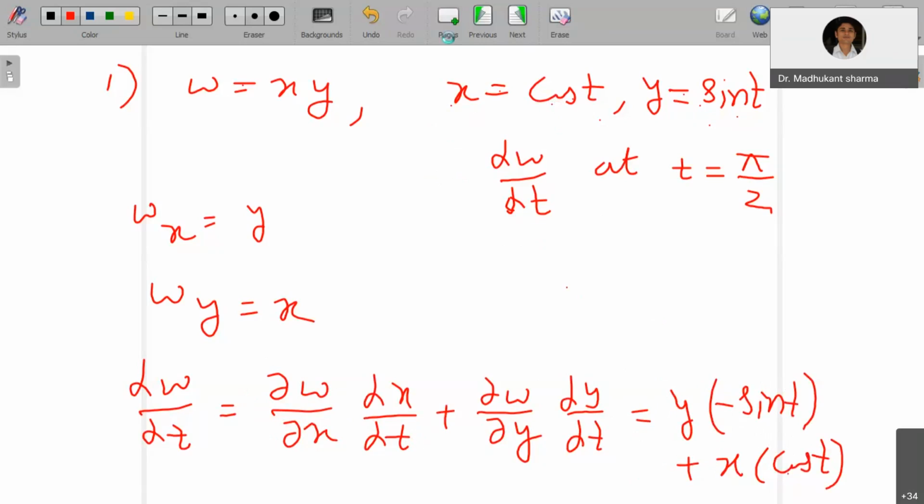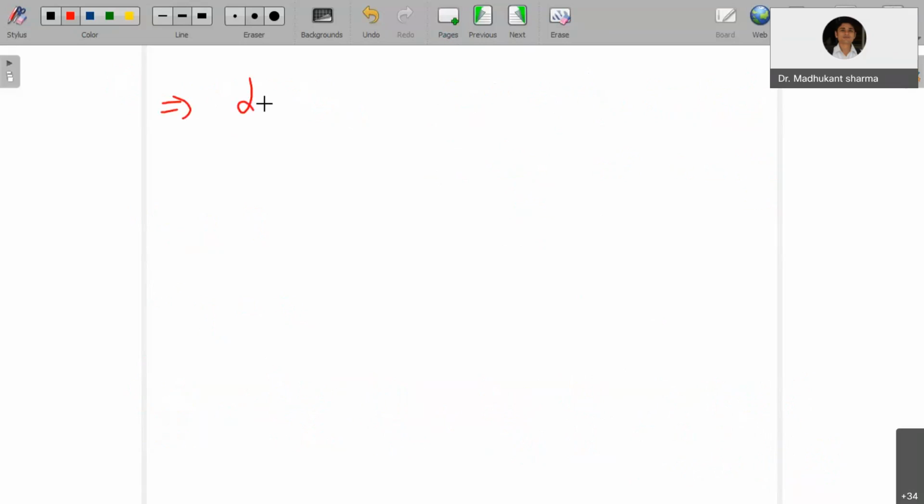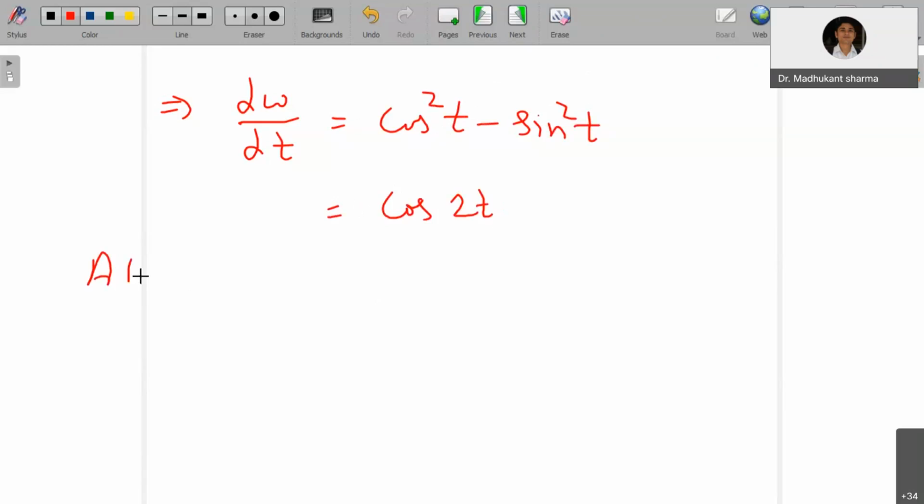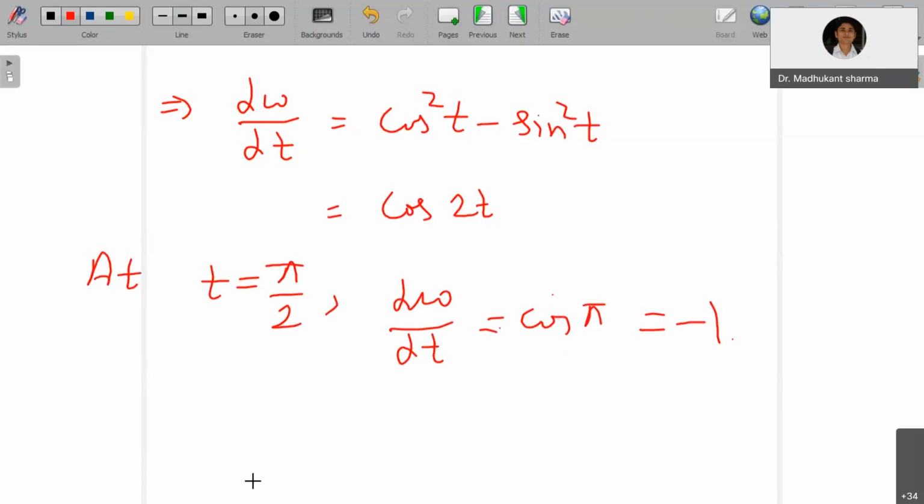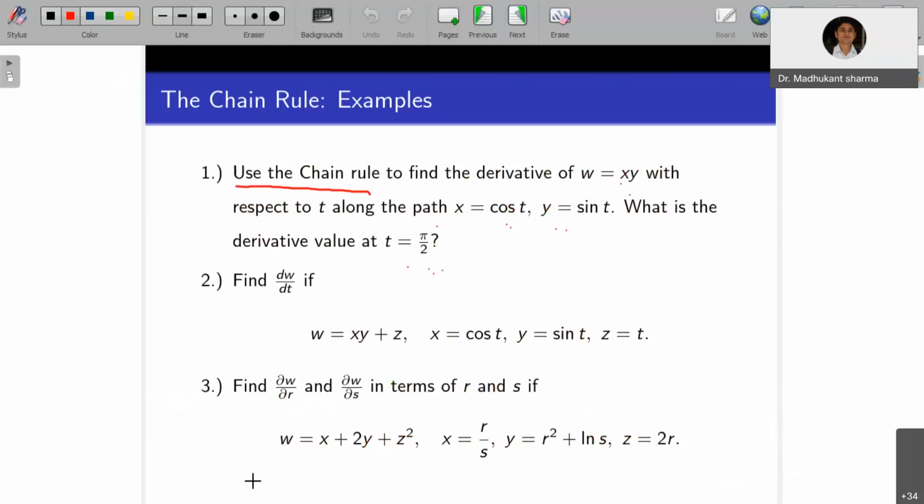So dw by dt is equal to cos square t minus sin square t, and by the trigonometric formula it is nothing but cos 2t. Now at t equals pi by 2 you are interested in, so dw by dt is equal to cos pi, and that is nothing but minus 1. I think these exercises are simple for you.